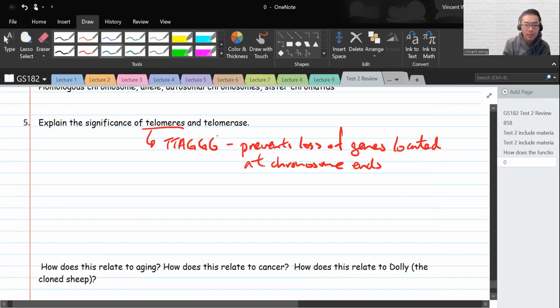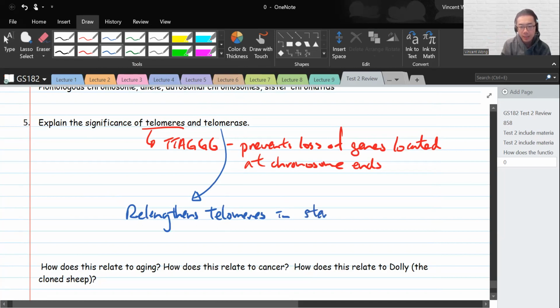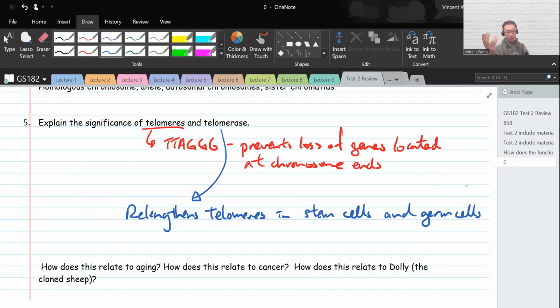Telomerase is an enzyme that re-lengthens telomeres in stem cells and germ cells. So when we produce gametes, the telomeres are reset during gamete production. So the next generation will have fresh, brand new telomeres, right?